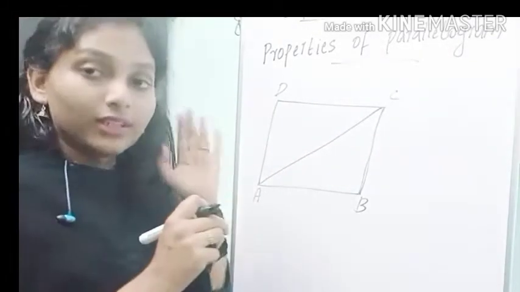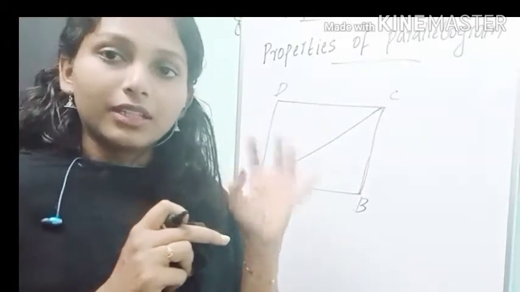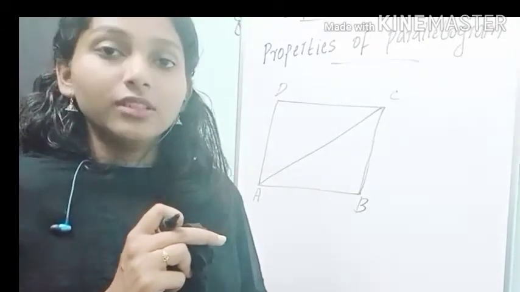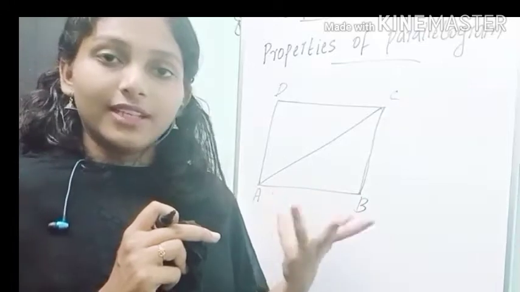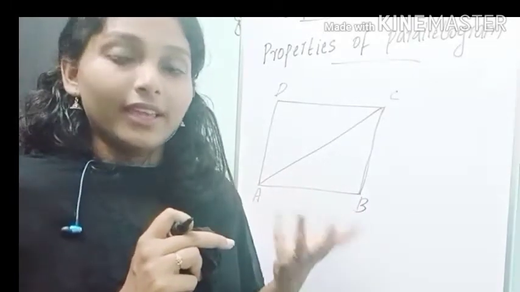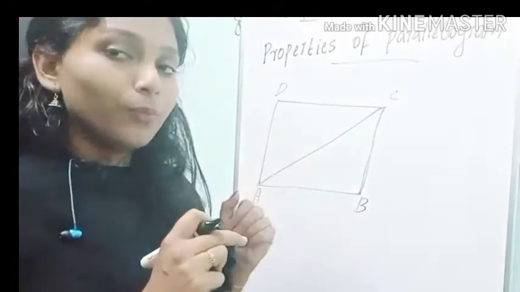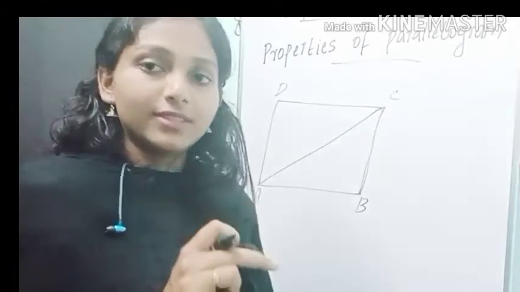In the previous class we have already learned different congruence rules for proving congruence of triangles, like SSS rule, SAS rule and RHS rule. So we use the same rules here. Okay, let's start.